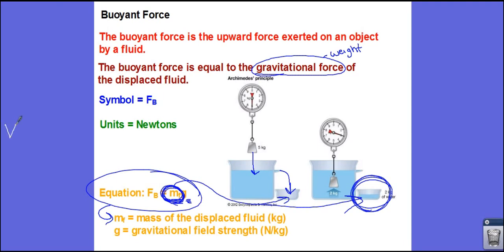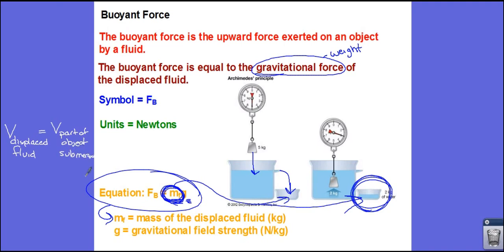Well, if an object is completely under the water, okay, then the volume of the displaced fluid is equal to the volume of the part of the object that is submerged.